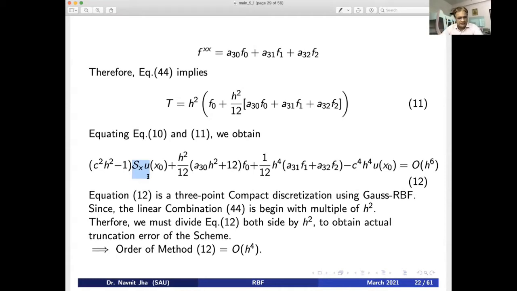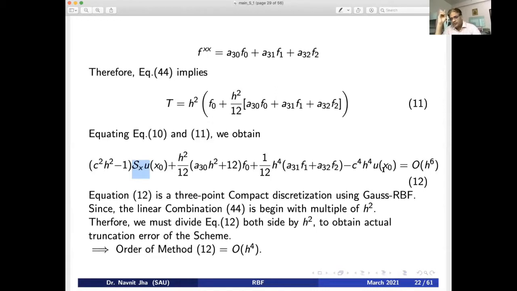It is basically the second central difference, so it is equal to h square by 12 times a30 f0 plus 12 f0, and plus 1 by 12 h4 a31 f1 plus a32 f2, minus c4 h4 u at x naught. The right hand side local truncation error is coming out to be order h6.